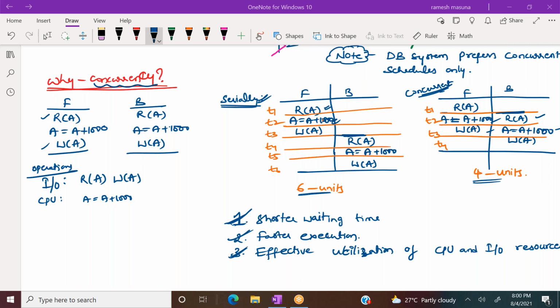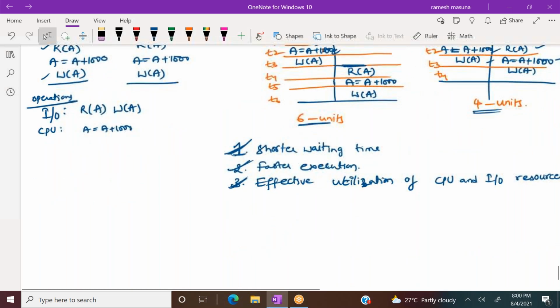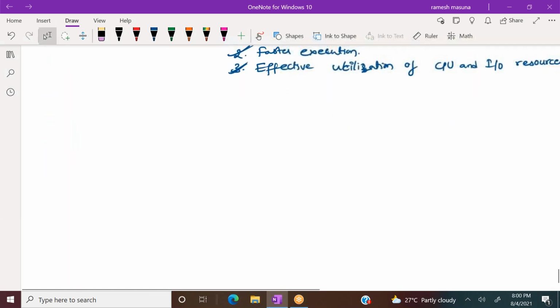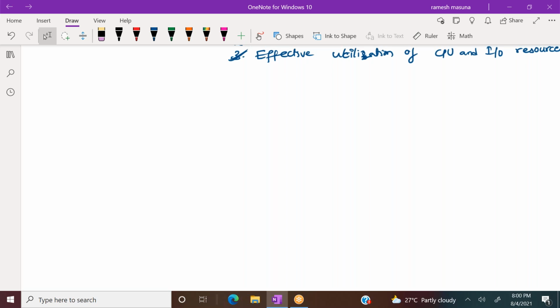We have discussed why. But even though there may be problems, the system should be in a correct state. Correct state is verified based on the concept of serial schedules, because a serial schedule always leads to a consistent state. So if any concurrent schedule is given, whether it leads to a correct or incorrect state is to be verified.